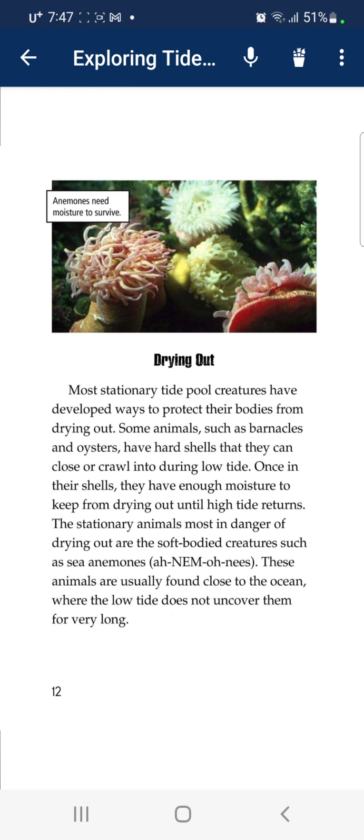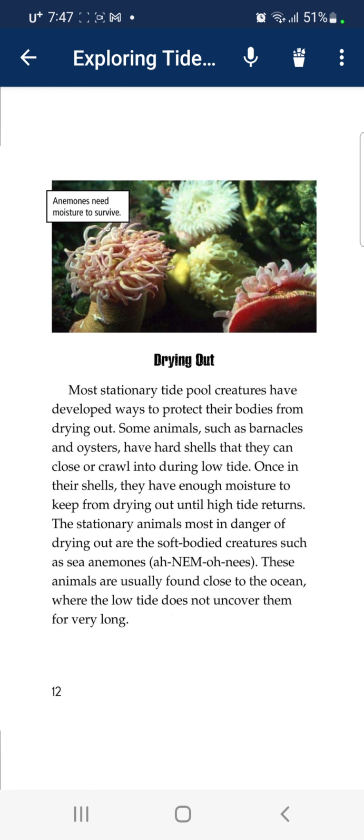Once in their shells, they have enough moisture to keep from drying out until high tide returns.